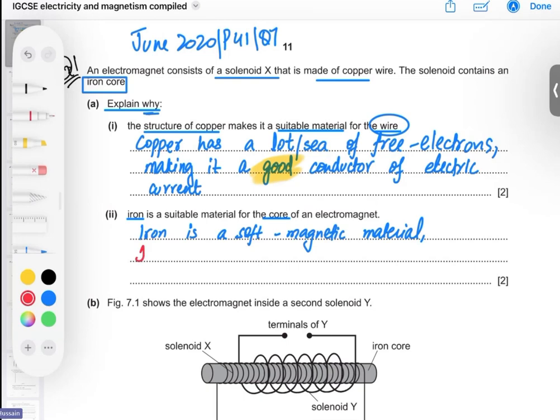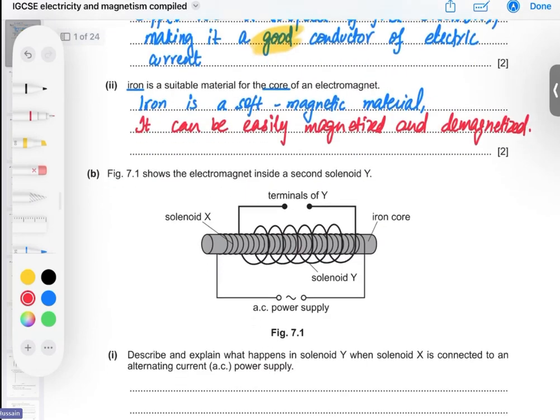It can be easily magnetized and demagnetized. So it's suitable to be used as an iron core. All right. Then figure 7.1 shows electromagnet inside a solenoid.